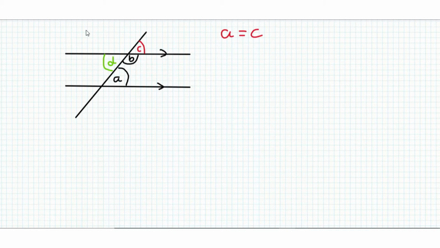Now we see, well, this is a straight line that C and B are on. So B plus C is equal to 180 degrees. Well, that implies, since A is equal to C, that B plus A is equal to 180.